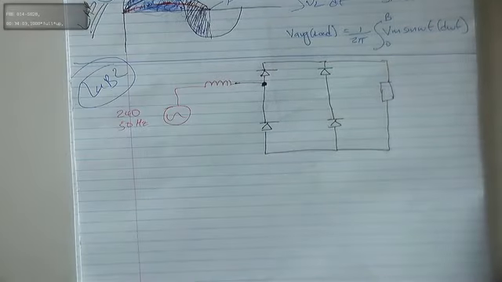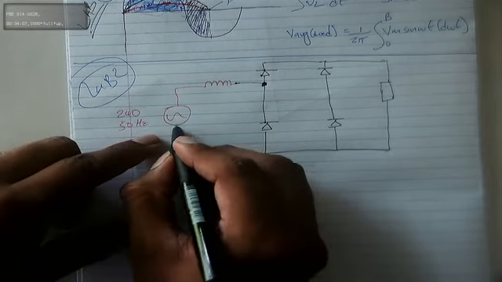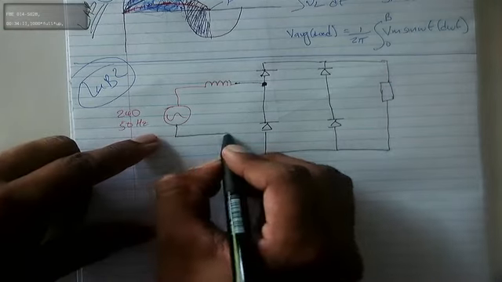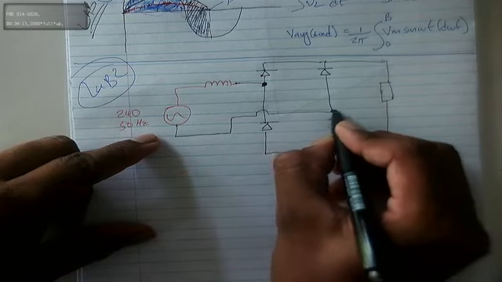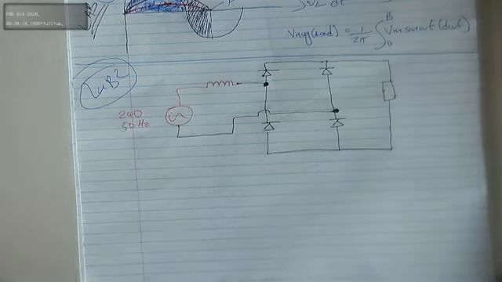Where does the negative terminal connect? Always in between. So let's bring it back here. It connects here. This circuit, when you close your eyes, you should remember it, not your friend's face. Never forget this circuit.